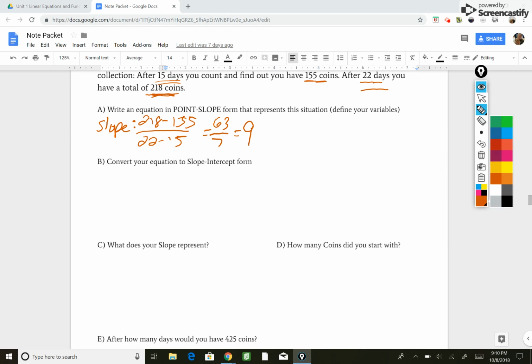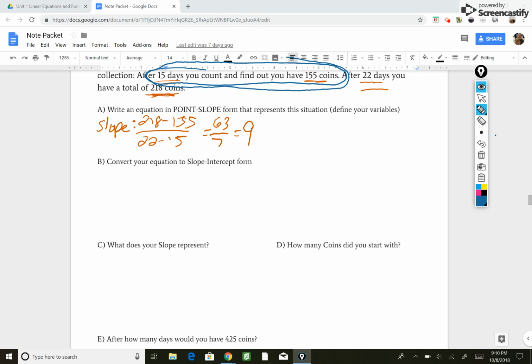And then I'm just going to pick one of the days to plug in. It doesn't matter. I'm just going to pick the first one because I always pick the first one. So I have y minus how many coins, because that's my y, equals my slope, times x minus how many days, which is 15. Now you could use 22 and 218, but I just picked the first one. You'll get the same equation. It won't matter.